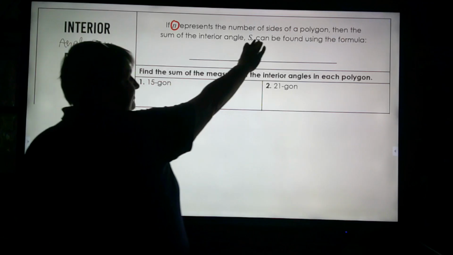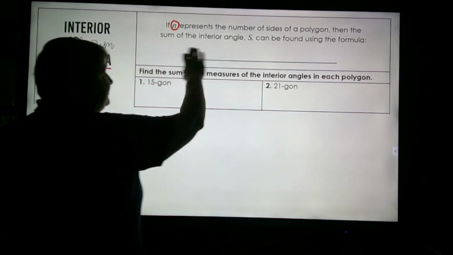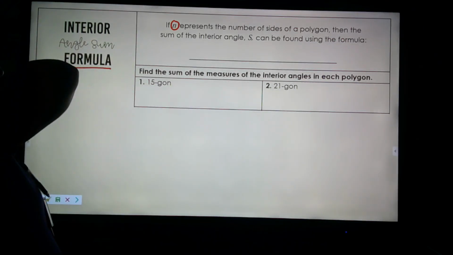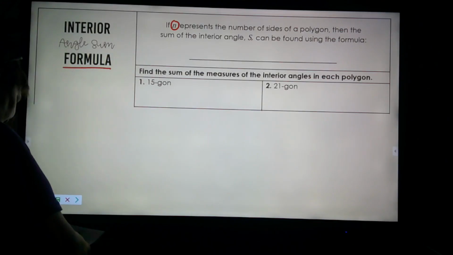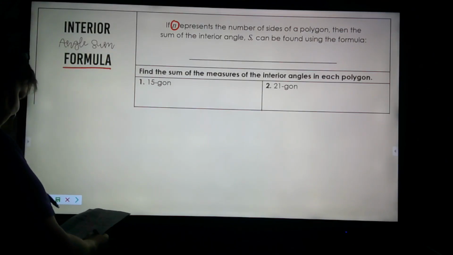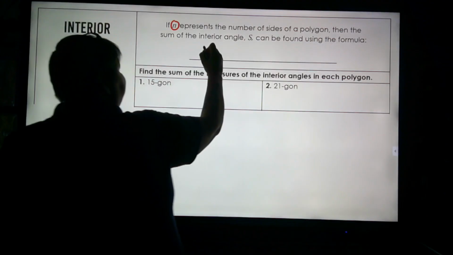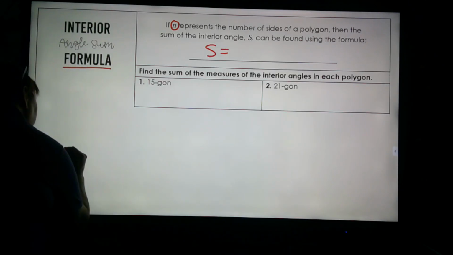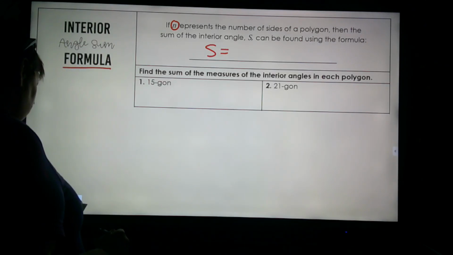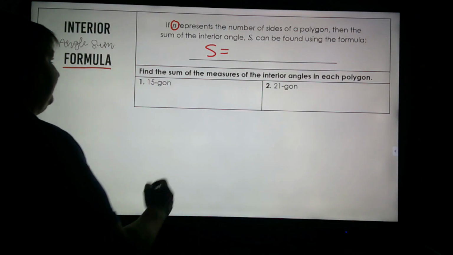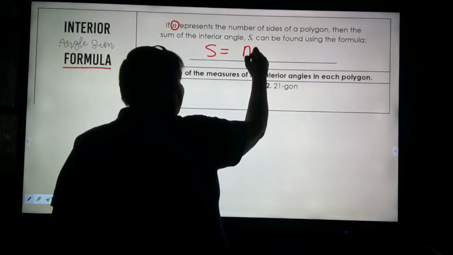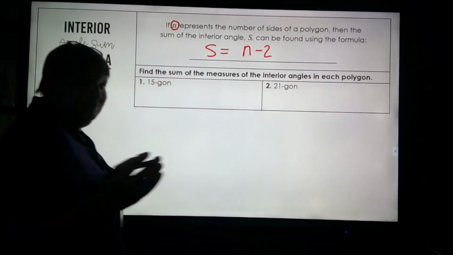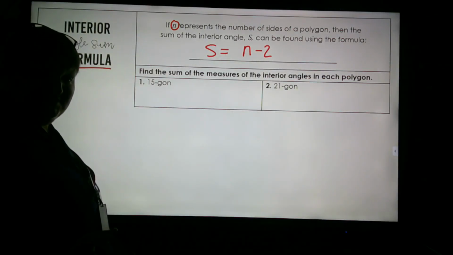If n represents the number of sides of a polygon, then the sum of the interior angles, S, can be found using S, the sum of the interior angles, is equal to the number of sides minus 2, right? Because when there were 5 sides, there were 3 triangles.